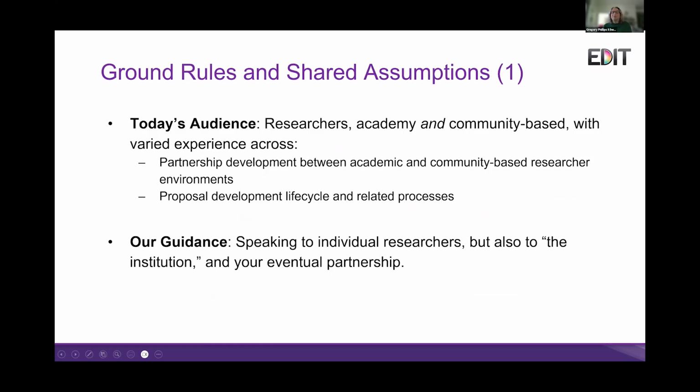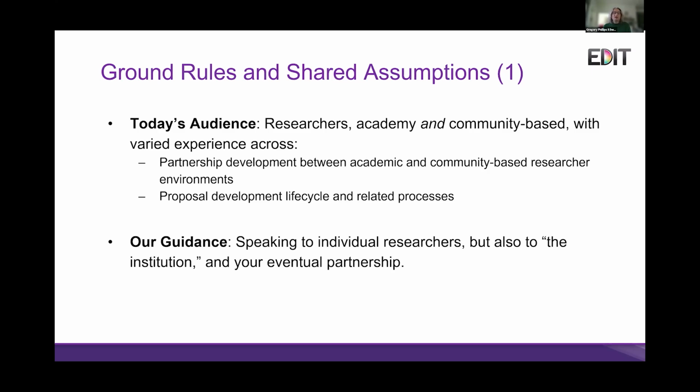So we have a very diverse audience today. We have researchers, both academic and community-based, and people who have a variety of experience across different milestones in life, people who are staff, people who are faculty, people who are leading projects, people who are just working at an agency.